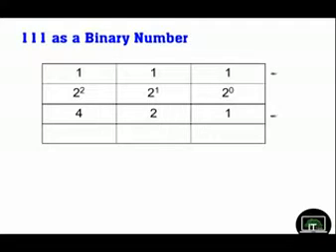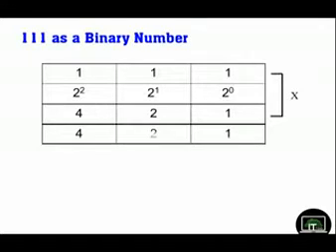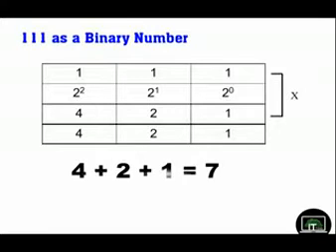Now we multiply our digits with the positional values: 1 into 1 is 1, 1 into 2 is 2, 1 into 4 is 4. Now we add these together: 4 plus 2 plus 1 is 7.